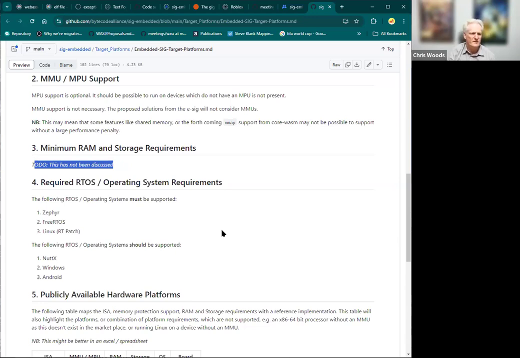As for the other operating systems, WASI by default supports Linux, Windows, and macOS, I believe. Should we drop those then?